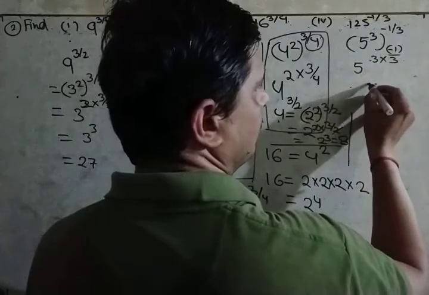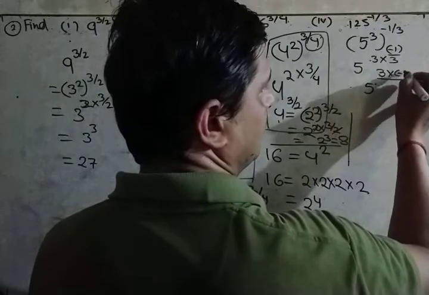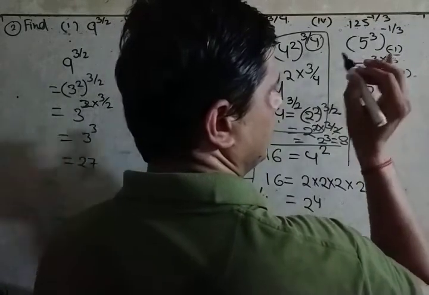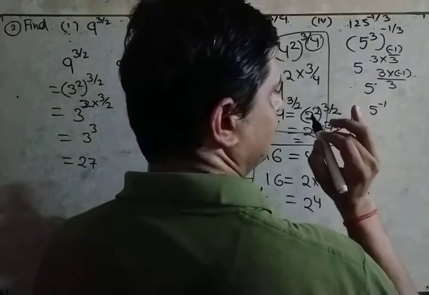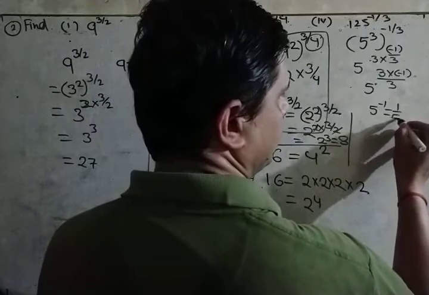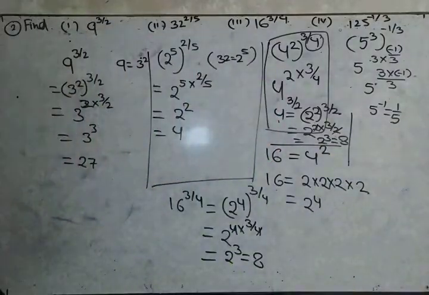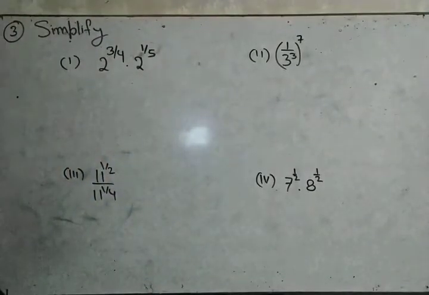How we can write like this, 3 into minus 1 by 3. 3 and 3 cancel out, what is left? Minus 1, and this can be written as 1 by 5. So please pause the video and note it down. Now this is the last question of your exercise.